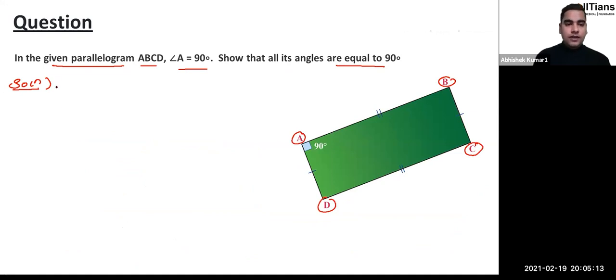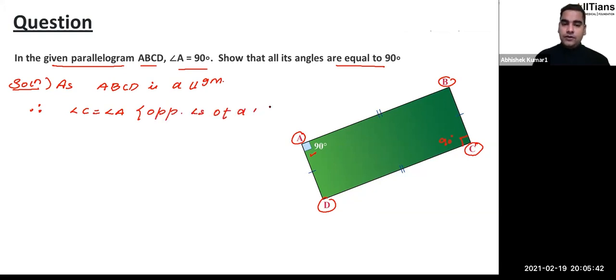See, as ABCD is a parallelogram, opposite angles will be equal. So if angle A is 90 degrees, angle C is also going to be 90 degrees. Therefore, angle C is equal to angle A, because of the opposite angles of a parallelogram theorem we studied just now.